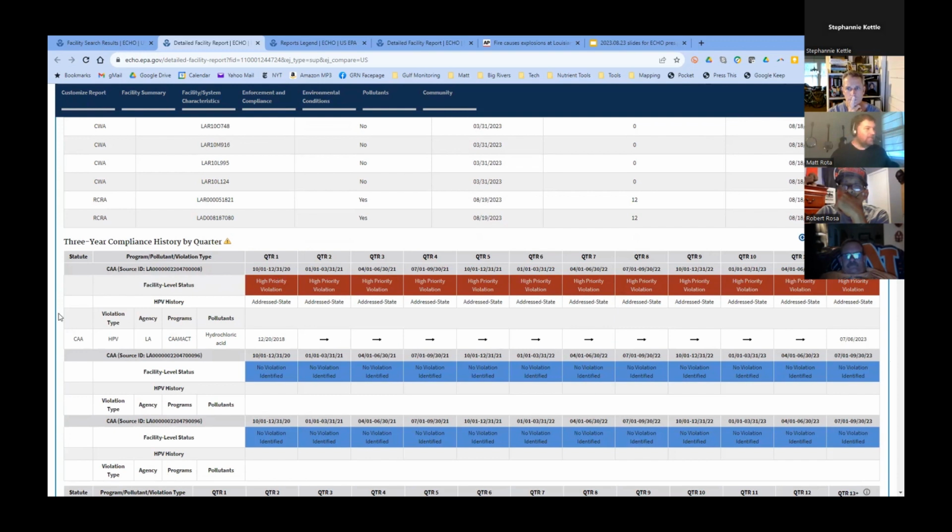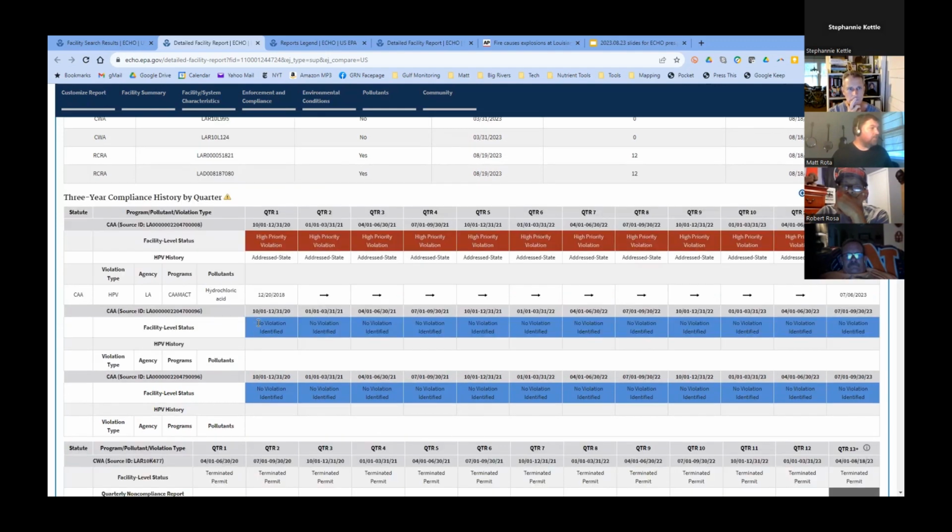And it's this one particular area of operation that is the chronic violator, right? And it looks like the big pollutant here is hydrochloric acid, which is some nasty stuff to get into the air, get in the water, get on the ground.